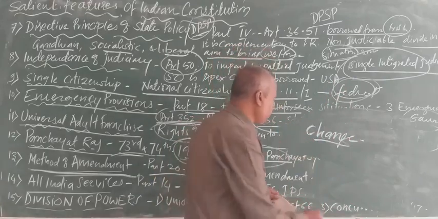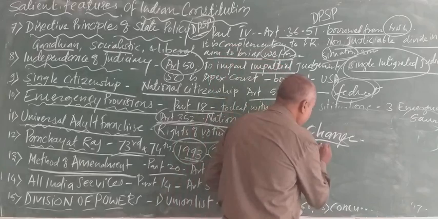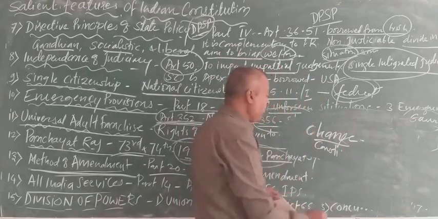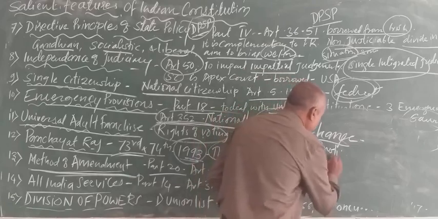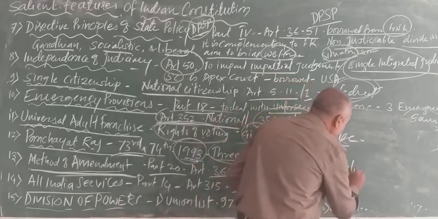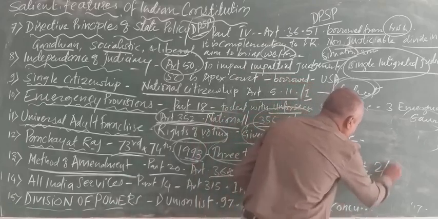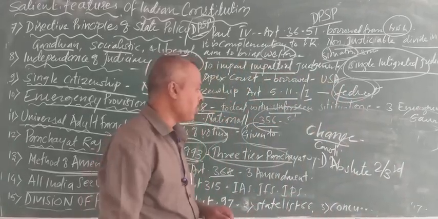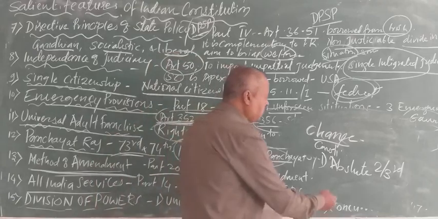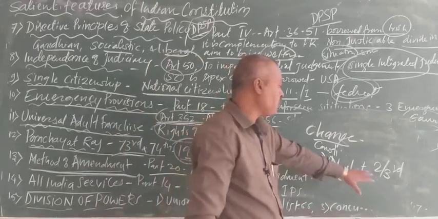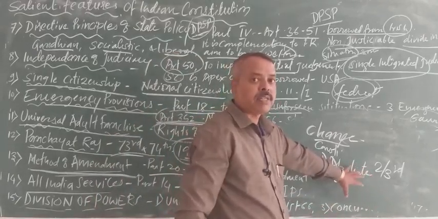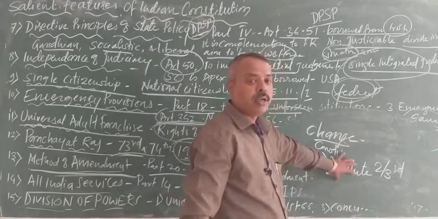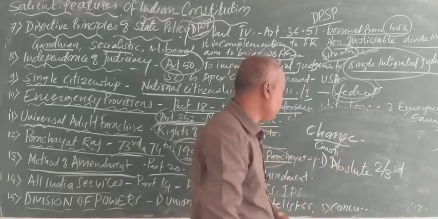If you want to bring a change in the constitutional laws, it needs an absolute two-third majority. That is, two-thirds of the members of the parliament must be present and vote in favor of the change. Only then may it be brought into implementation.